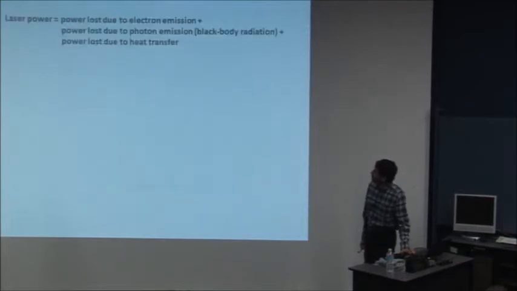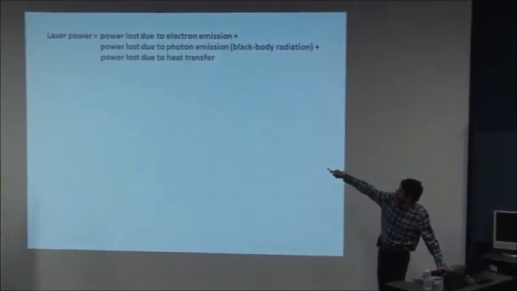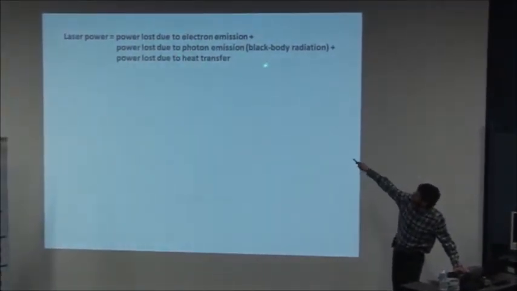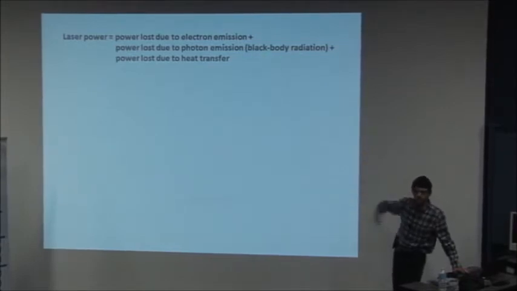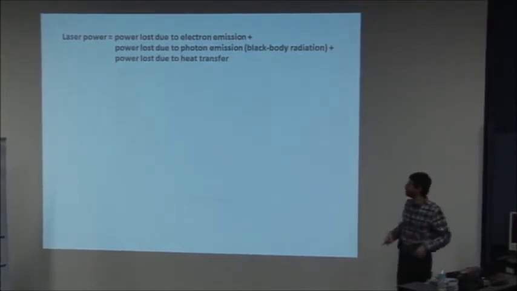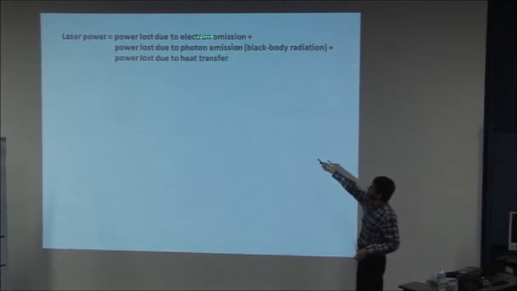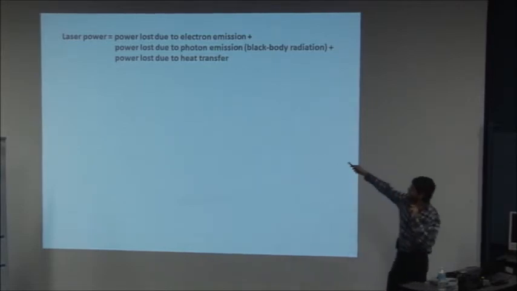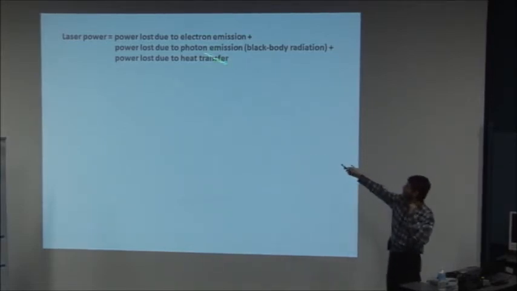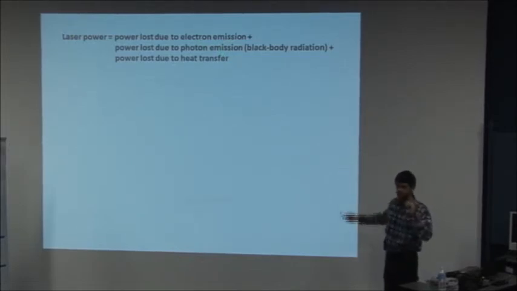When you look at this equation that I showed before, really most of the loss is happening to this black body radiation of light. You want to reduce this and increase electron emission. And if you remember that, this black body emission is a function of the fourth power of temperature, Stefan-Boltzmann law, whereas electron emission is an exponential function.